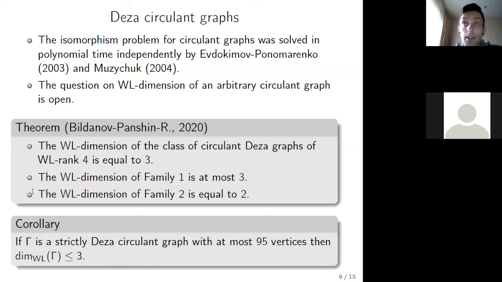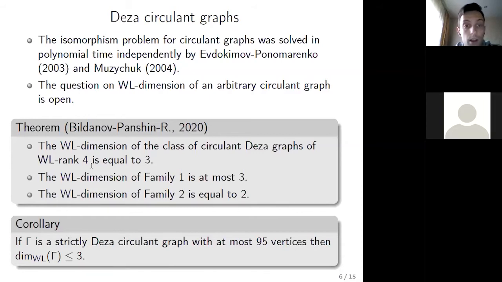And this lexicographic product has Weyl dimension 2 if and only if the Paley graph has Weyl dimension 2. But this is not true. And hence this class of graphs has Weyl dimension at least 3. And so we check that it is exactly 3.